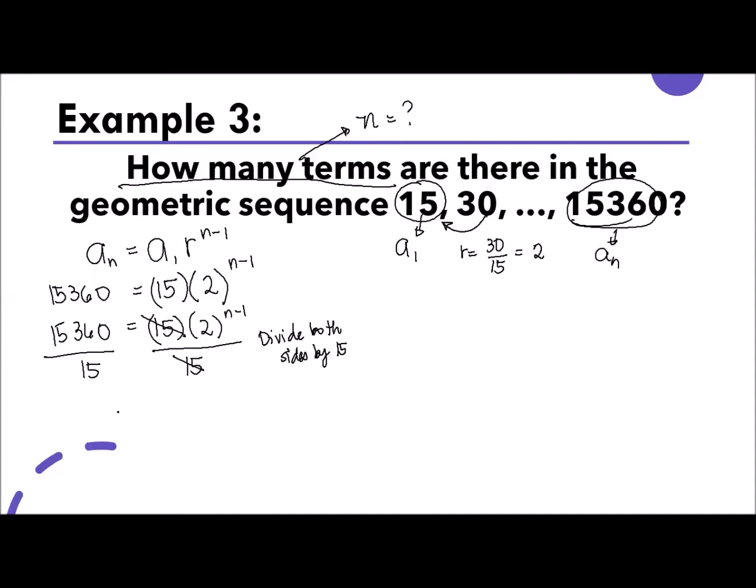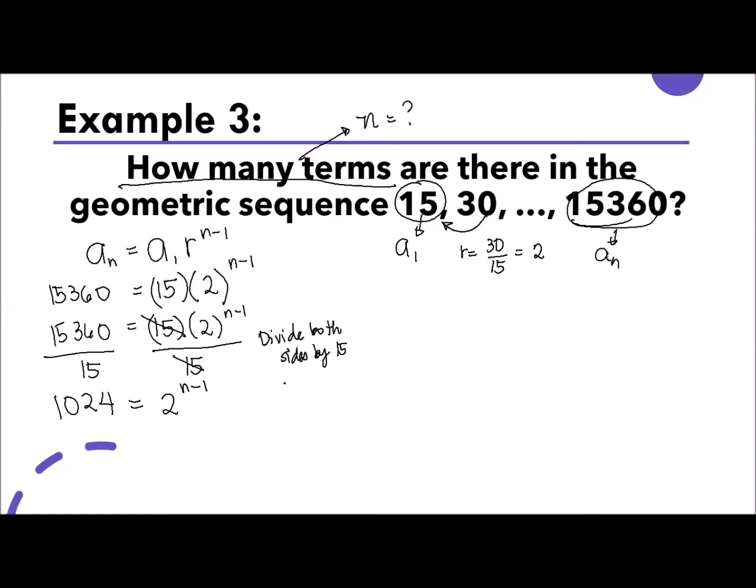So the answer is 1,024. Okay, and then bring down 2 raised to n minus 1. So right now, we need to transform 1,024 into exponential form, wherein the base must be 2.